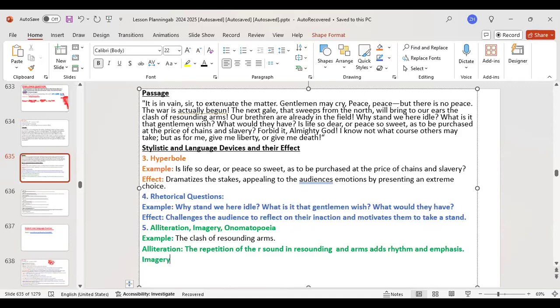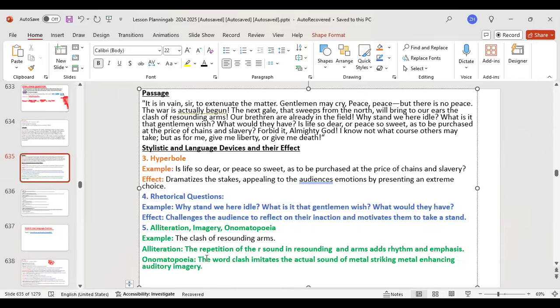The imagery part of it, but no, let's do the onomatopoeia part of it. The onomatopoeia part of it is that the word clash imitates the actual sound of metal striking metal, enhancing auditory imagery.